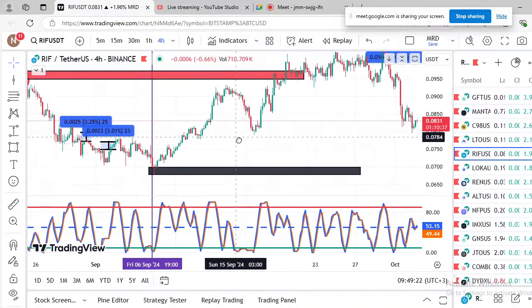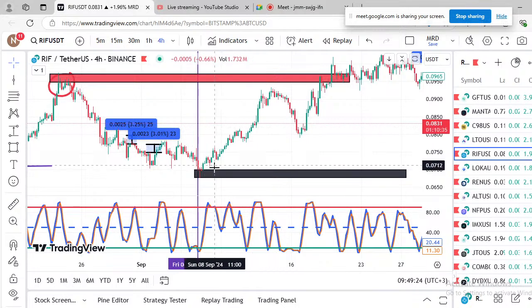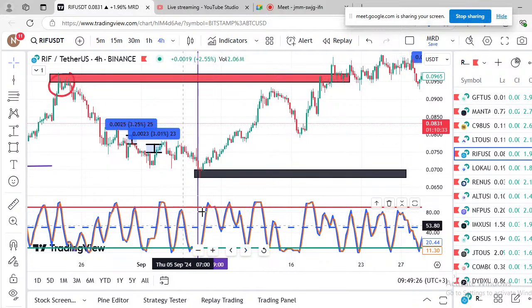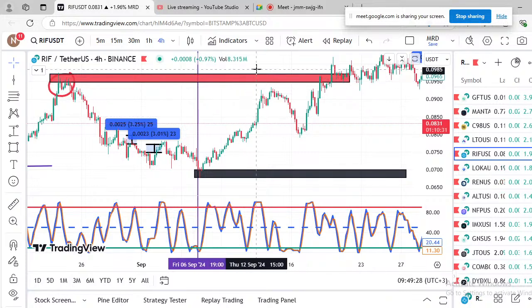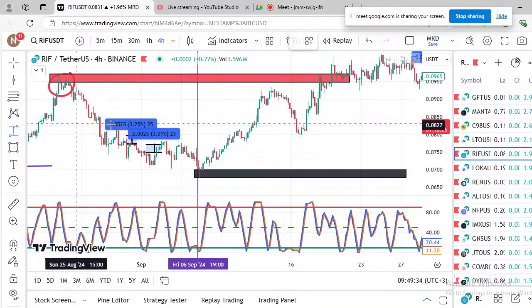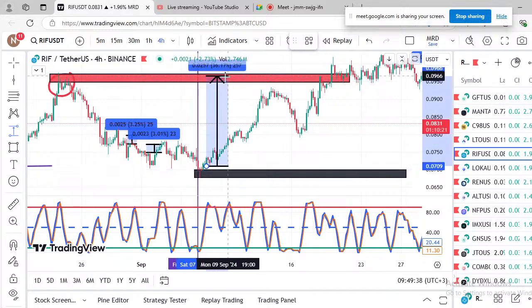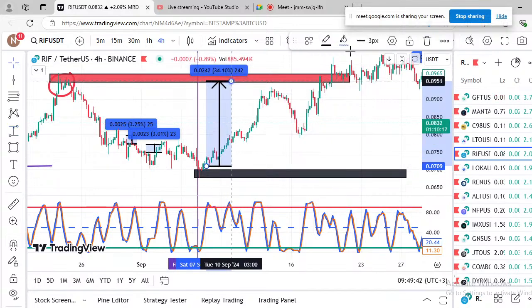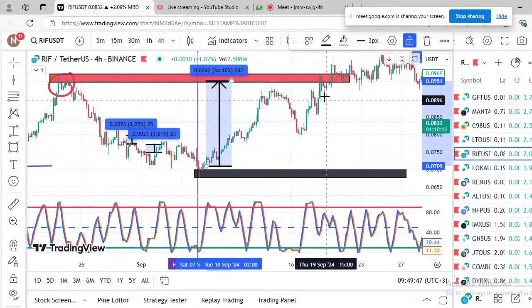Therefore, you could enter the market here at this point, targeting the supply zone. If you could wait for 2 weeks, 1 week from here, automatically you are supposed to enjoy 33%. Are you getting the point?